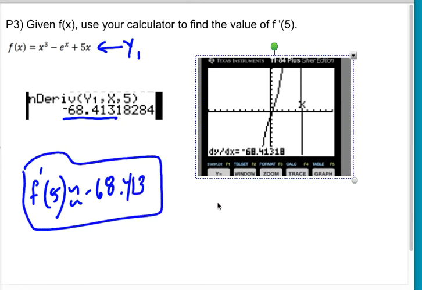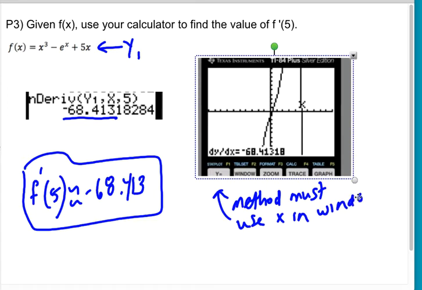This method must use an x in the window that's in your graph. Because this goes from -10 to 10, if I were trying to find f prime of something outside of that window, I would have to change my window so that it was included. Not a big deal, but it's just an extra step that I want you to be aware of if that's the method you're picking, okay?